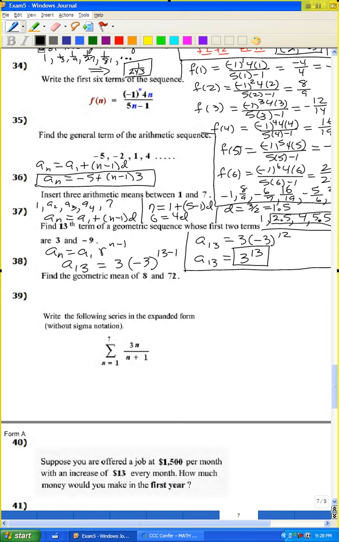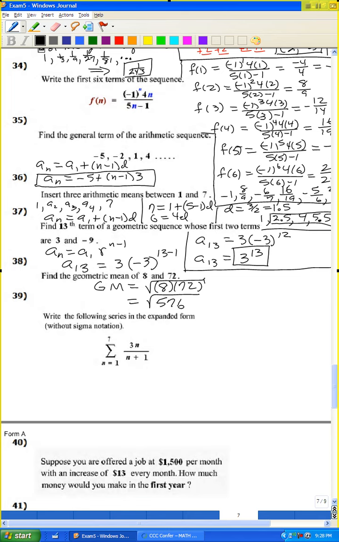Okay, let me do problem number 38. Find the geometric mean. The geometric mean is just the nth root of the product. In this case, there are only two numbers, so the square root of 8 times 72. 8 times 72 is 576.